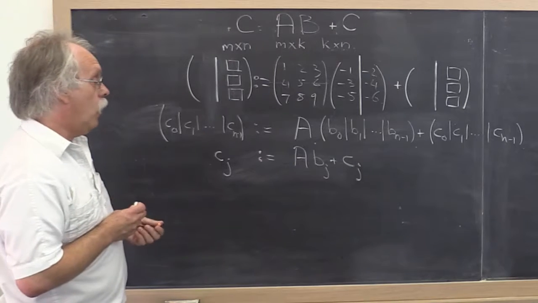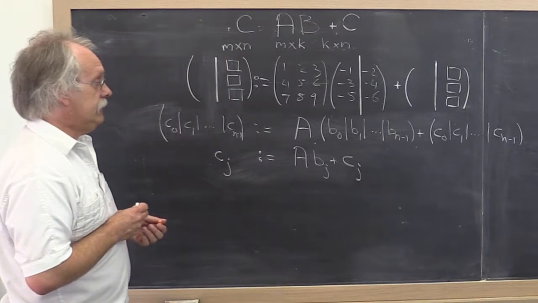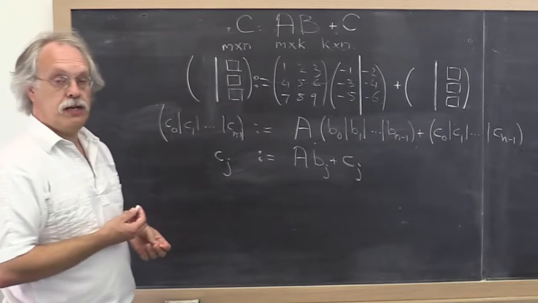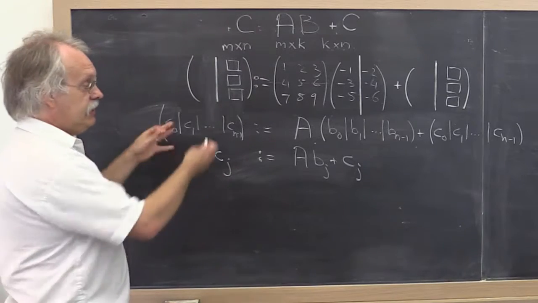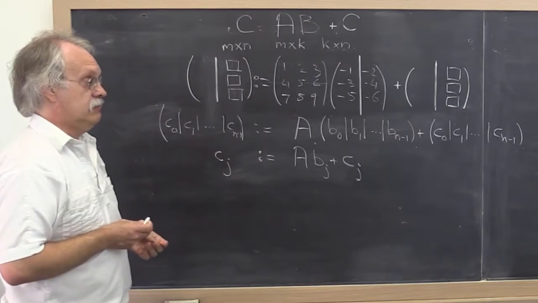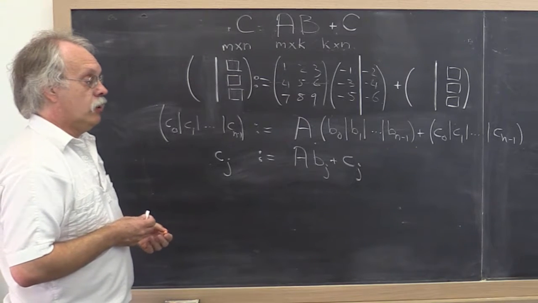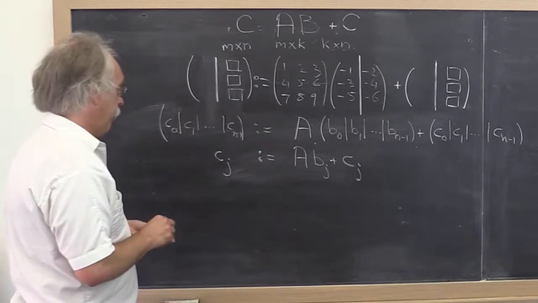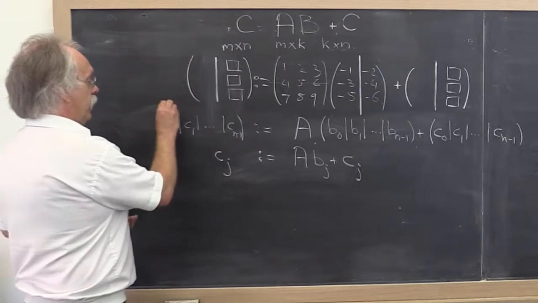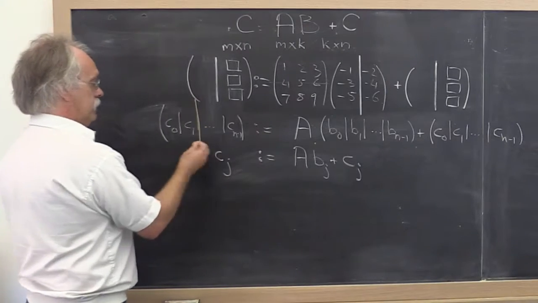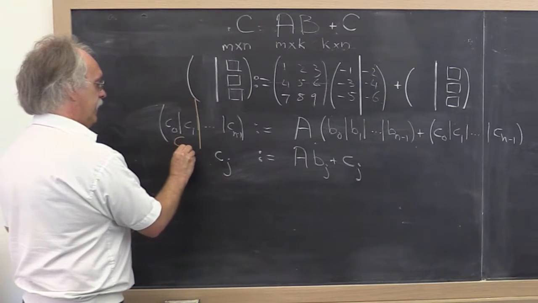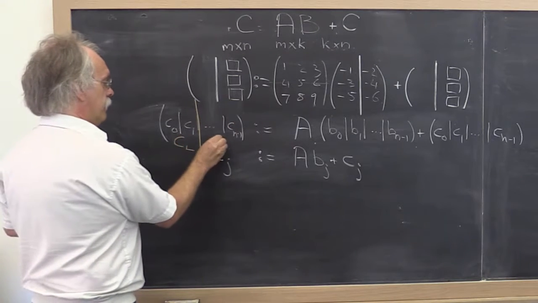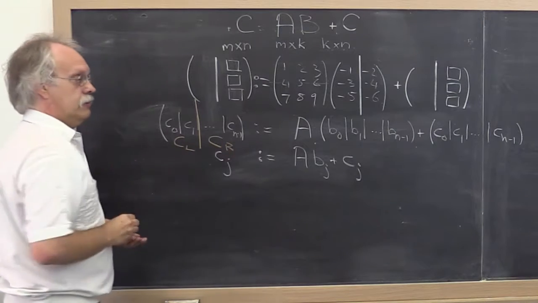All right, now that does not give us a partitioned matrix expression. So let's see if we can take these insights and work them into a partitioned matrix expression. Think of a left part of the matrix, let's call it CL, and a right part of the matrix, let's call it CR.